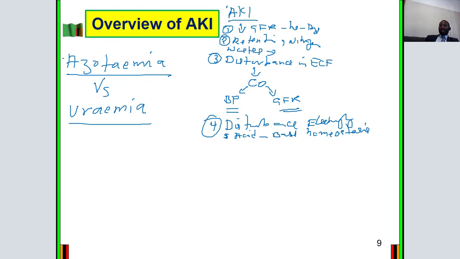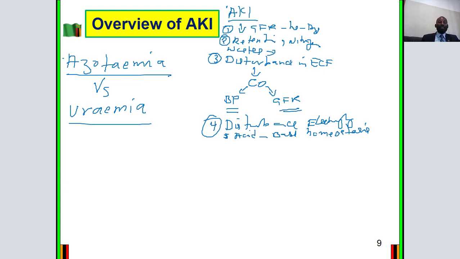If that is your answer, then I'll ask you, why do we discuss the normal range of urea? If we say normal urea in blood, is that not urea present in blood? So in medical practice, we want to know at what point we call it uremia. So let's talk about what azotemia is.